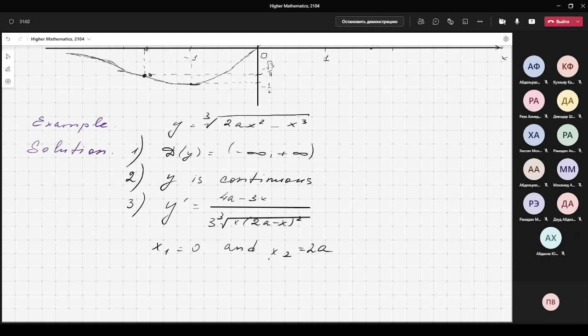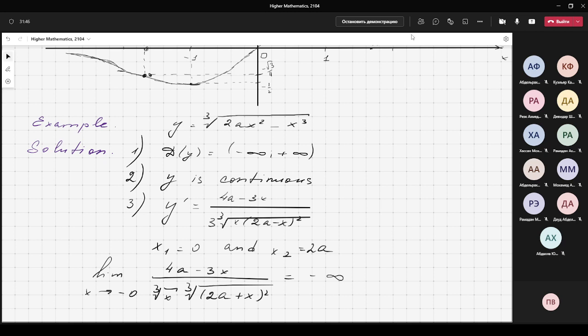Investigate the limiting value of the derivative as x approaches minus 0 and plus 0. Limit as x approaches minus 0 of 4a minus 3x over cubed root of x times cube root of 2a plus x squared equals minus infinity.